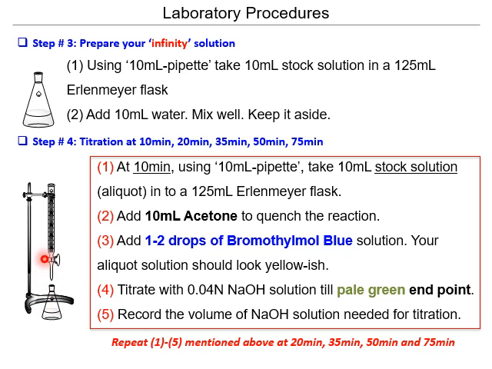Then titrate the mixture using 0.04 normal sodium hydroxide solution from your burette. The end point is where your solution's color changes to pale green. At this point, record the volume of sodium hydroxide you used for titration. For each of these times, repeat these steps.